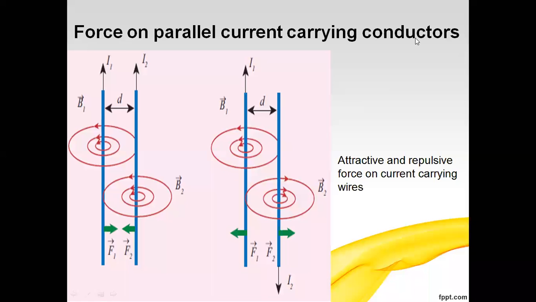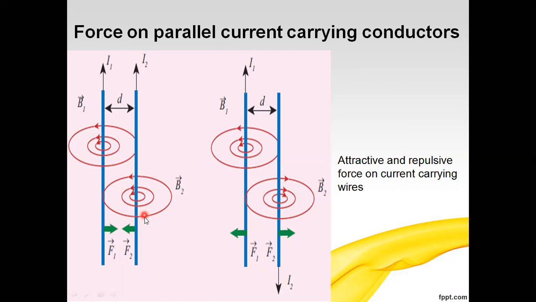So next one is force between parallel current carrying conductors. Already we know that the current carrying conductor has a magnetic field. First we put two current carrying conductors parallel to each other, for example, you see the picture.